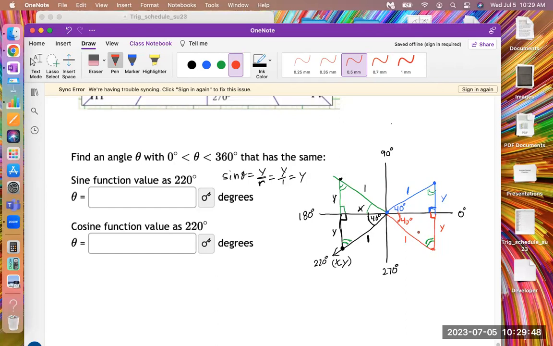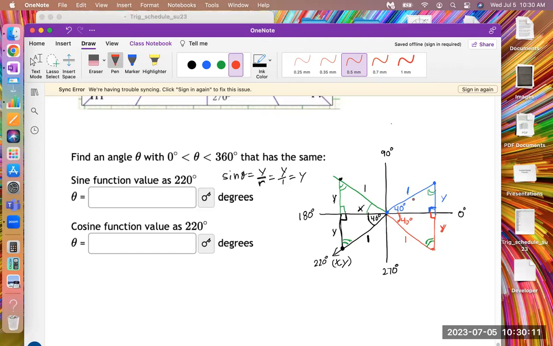And not only is it the same, but the same in sign, as in positive or negative as well. And in this fourth quadrant, the red triangle here, this y value is actually going to be negative, just like for the black triangle.